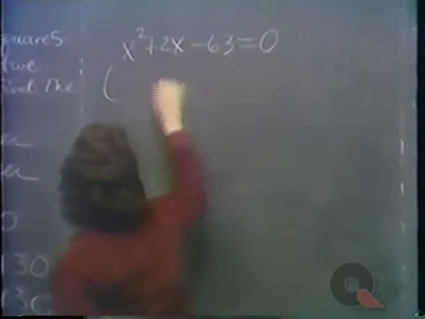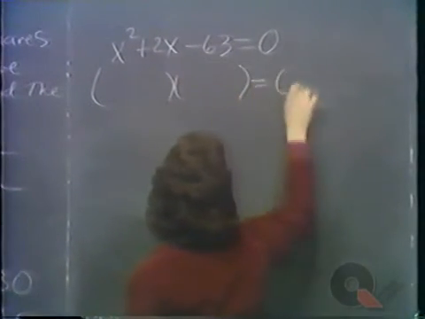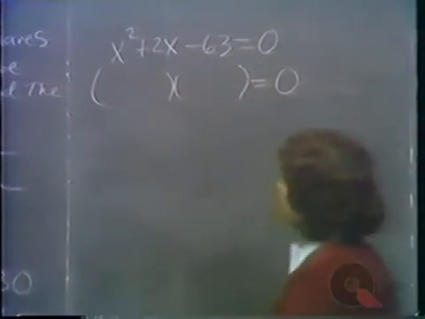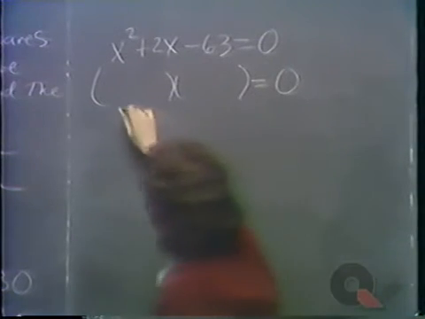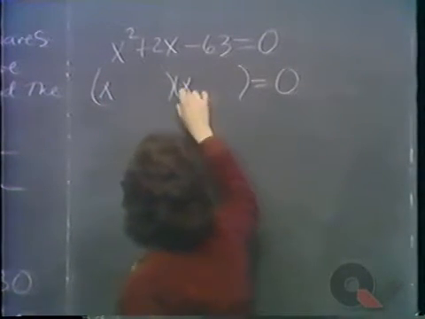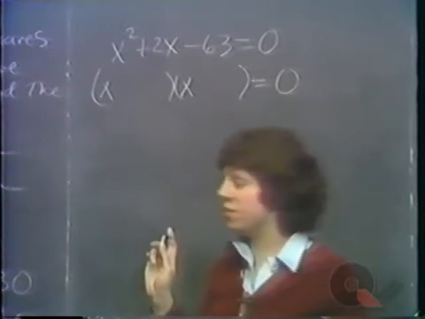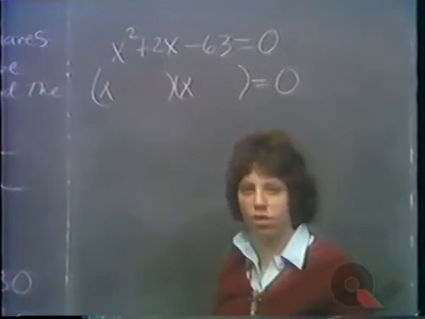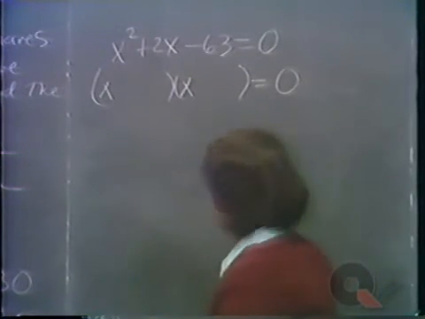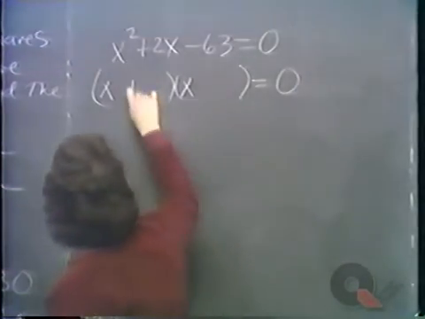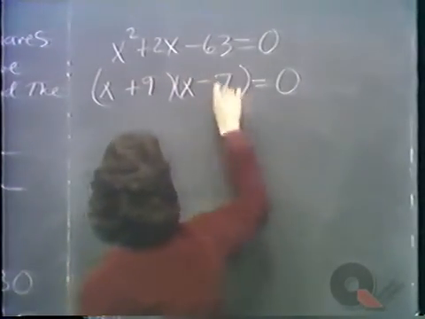Okay, now we're going to try to factor this second-degree equation, this quadratic equation. It's the simplest kind of factoring, where we are looking for two numbers which multiply to minus 63 and add to plus 2. All right, so we're going to be using plus 9 and minus 7.